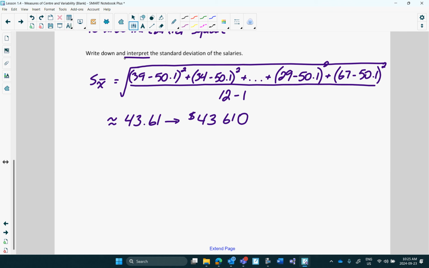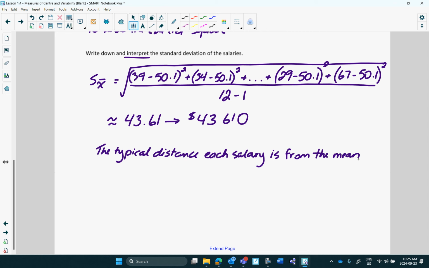Interpretation: typical distance each salary, because you have to write in context, each salary is from the mean, about $43,610. That's the interpretation.